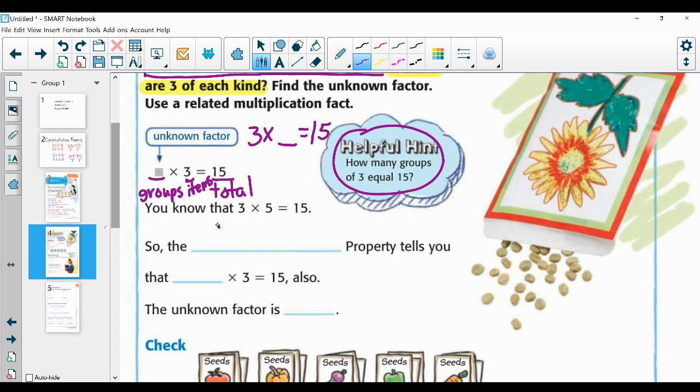So the commutative property, and it's the name of a property, so you have to capitalize the C and the P, tells you that 5 times 3 equals 15 also. So the unknown factor is 5.